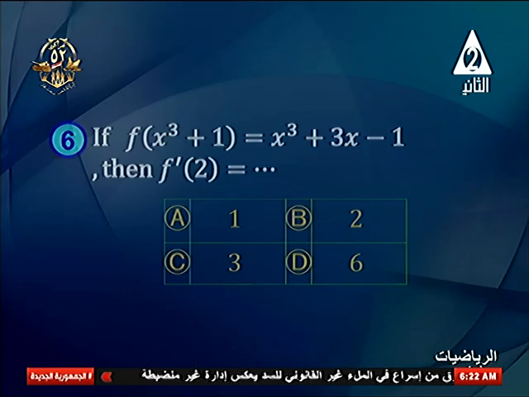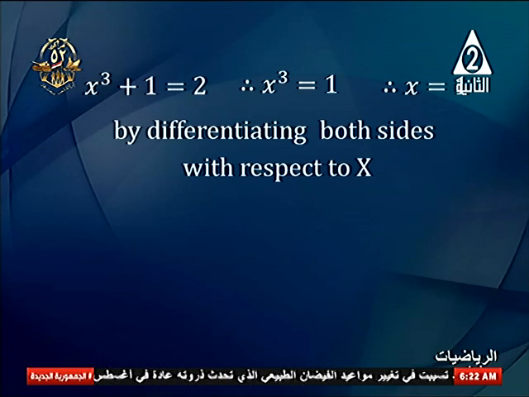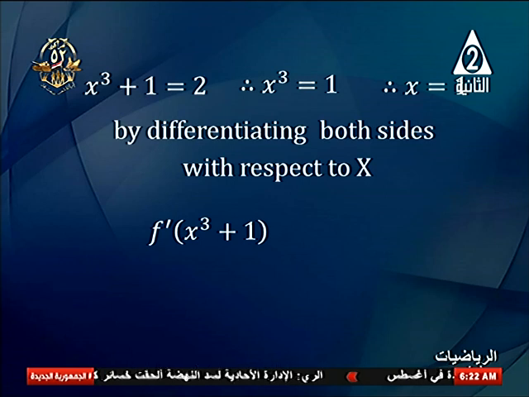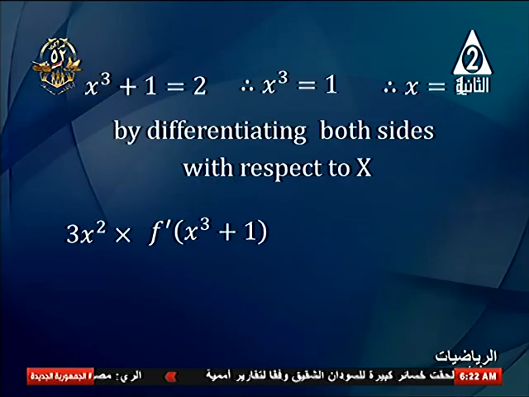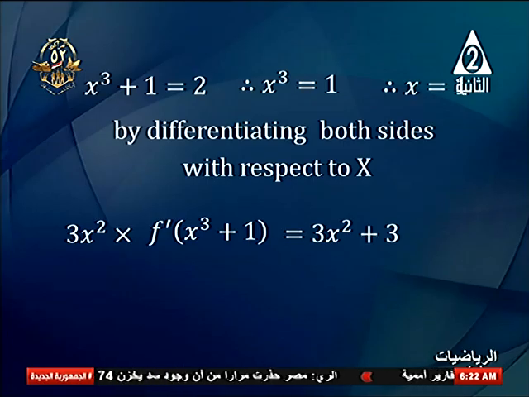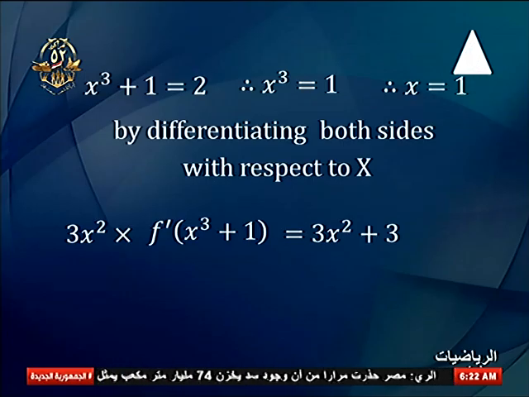Look at the solution. In this case, x power 3 plus 1 equals 2, x power 3 equals 1, then x equals 1. After differentiating both sides with respect to x, the left-hand side is f dash of x power 3 plus 1 multiply 3x squared, equals the derivative of the right-hand side, 3x squared plus 3.